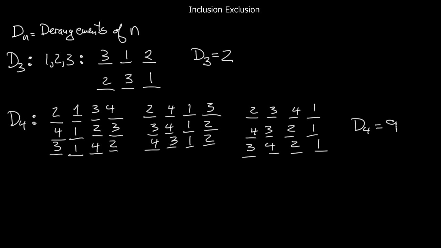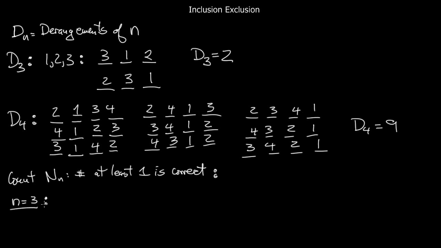But it's not easy to figure out these numbers directly. I certainly don't see a pattern yet, and if you do d5, it just gets more complicated, and it's not so easy to count. So what we're going to count is this number n instead, which is the complement, the number where at least one number is correct.